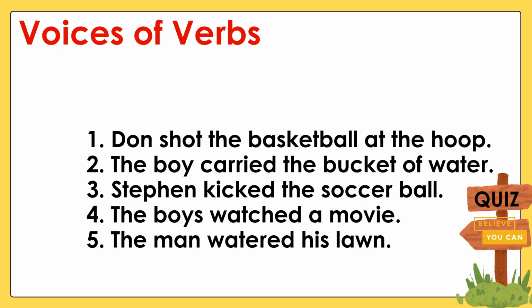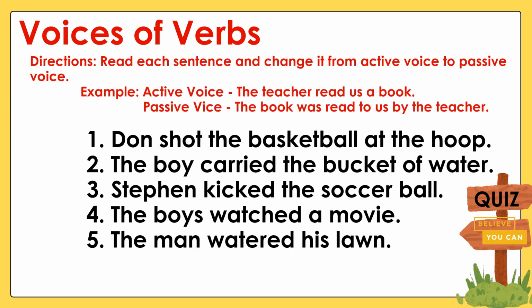Next, we have directions. Read each sentence and change it from active voice to passive voice. Example, active voice: the teacher read us a book. Passive voice: the book was read to us by the teacher.